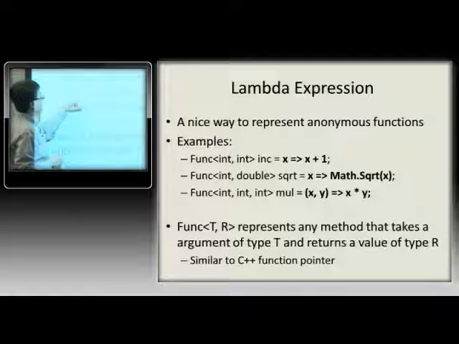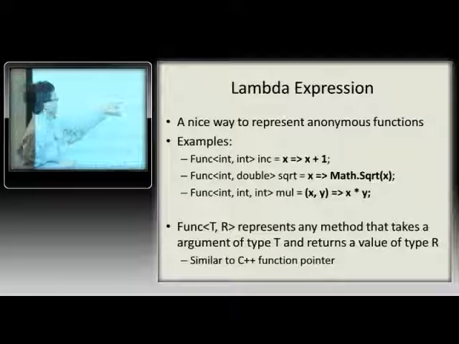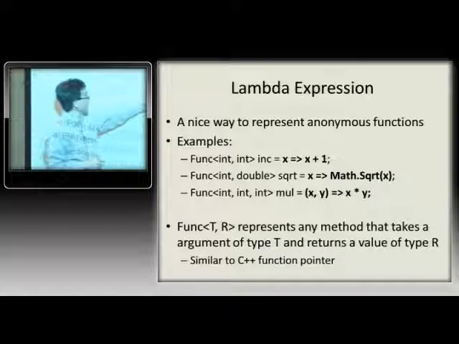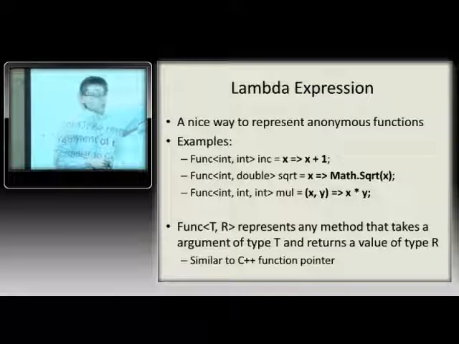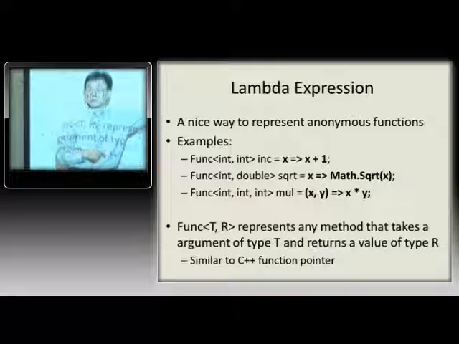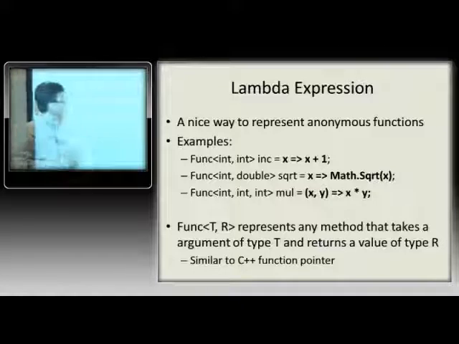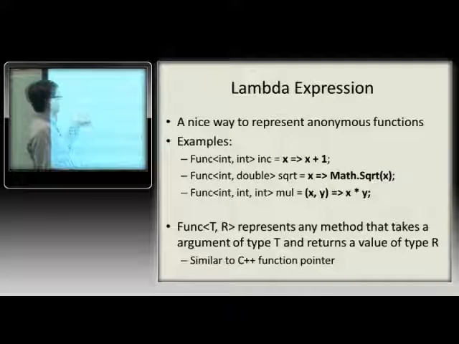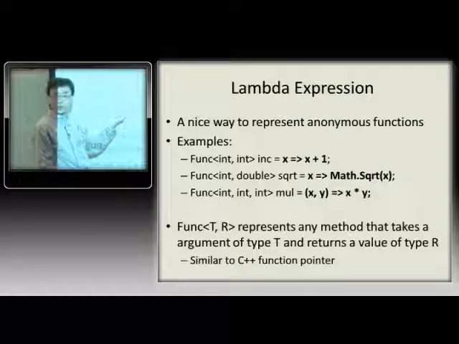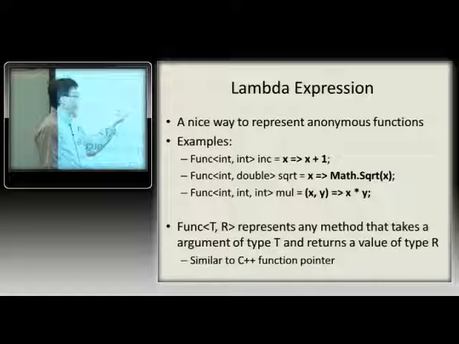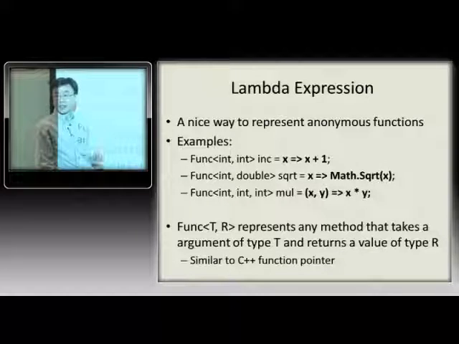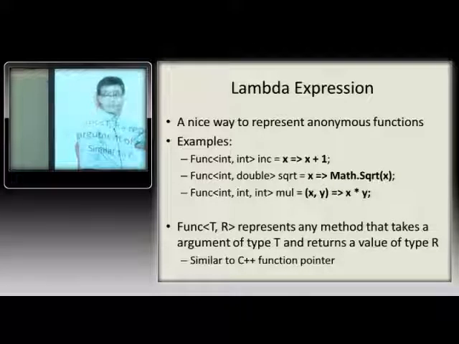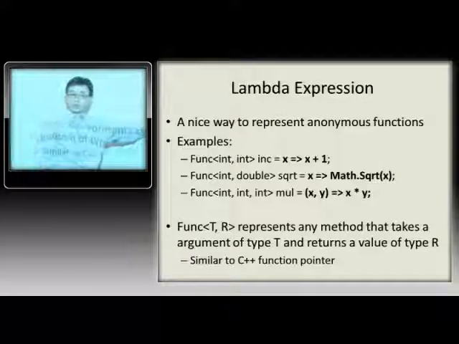A second example is a function from an integer to a double, which computes the square root of the integer. Another function takes 2 arguments, both integers, and returns another integer. It's a multiplication: it takes x and y, two integers, and multiplies them.